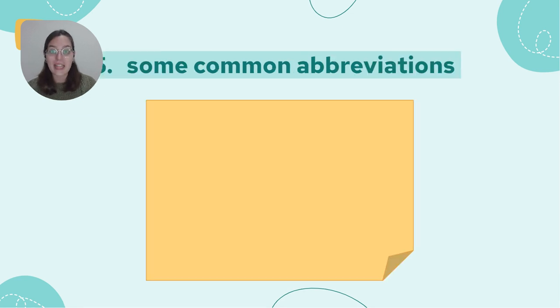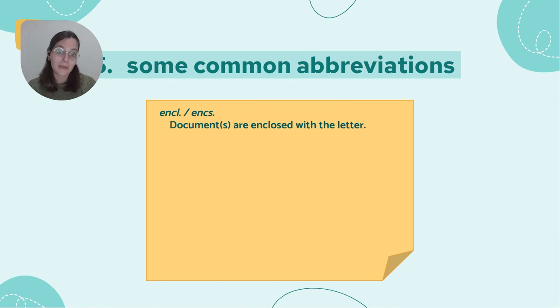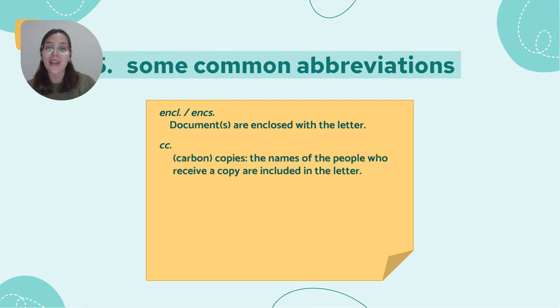Now, let's take a look at the 5, some common abbreviations. These include ENCL or ENCS, that stand for enclosed, documents enclosed with the letter. Then we have CC, very much common nowadays in business, in email jargon as well, that stands for carbon copies or copies.